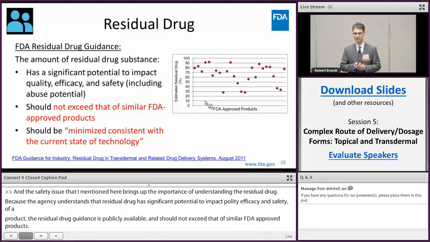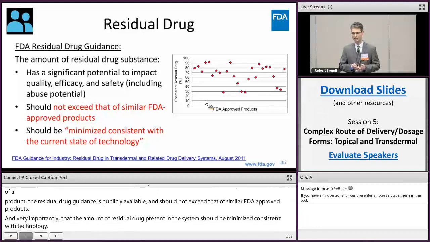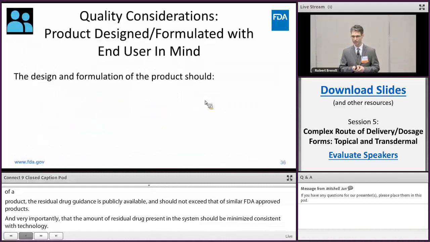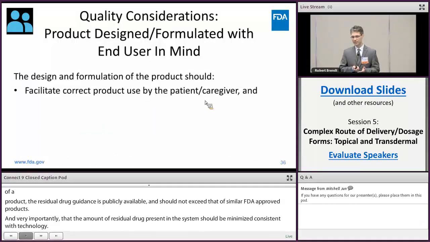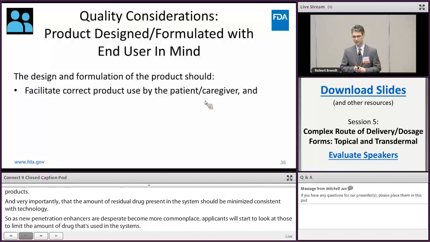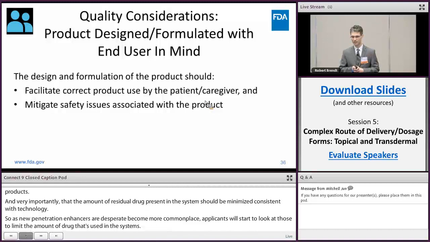So as new penetration enhancers become more commonplace, the expectation is that applicants will start to look at those as potential ways to limit the amount of drug that's used in each of these systems. So the design and formulation of the product should facilitate correct product use by the patient and then also mitigate safety issues associated with the product.